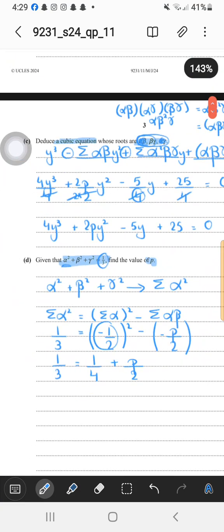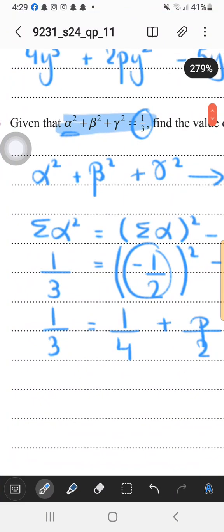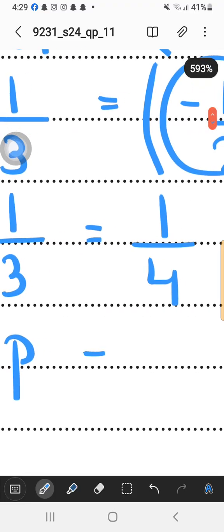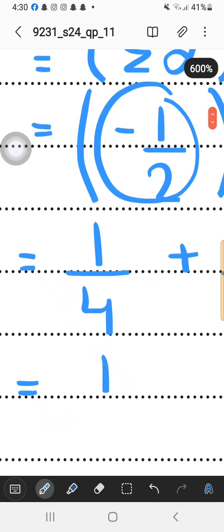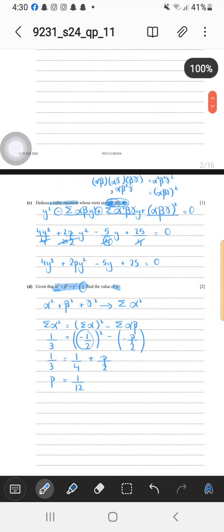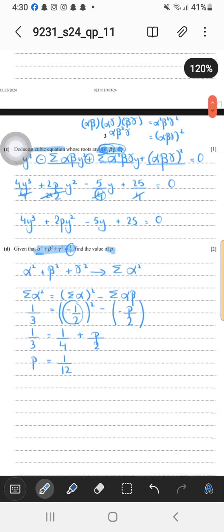Okay, so 1 upon 3 minus 1 upon 4 will be, I think so, 1 upon 12. Yes, so p is equal to 1 upon 12. So here our first question gets completed, and that's our final answer, p is equal to 1 upon 12.